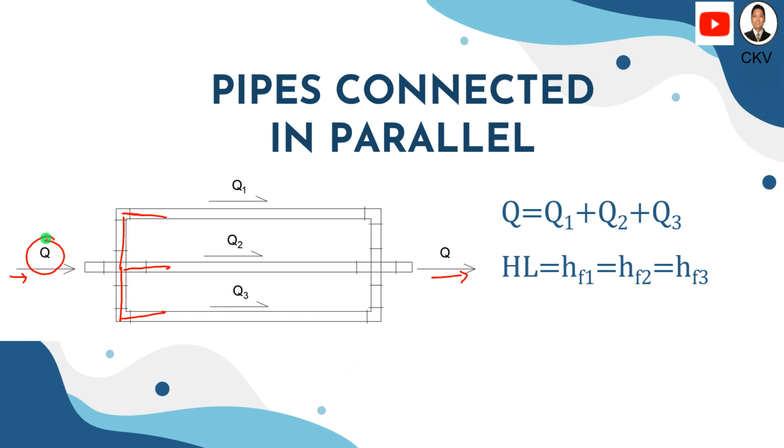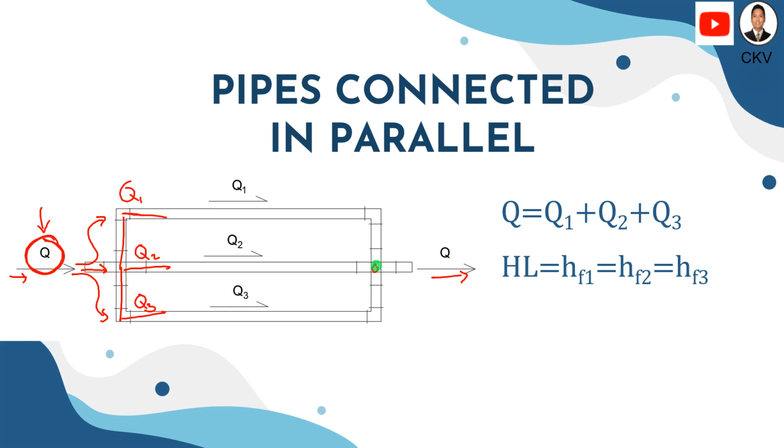So it means that this discharge Q is equal to the sum of the flow rates. The flow rate on each pipe is distributed from the inflow discharge. So this Q is distributed to Q1, Q2, and Q3, pipe 1, pipe 2, and pipe 3. So that's why discharge Q is equal to Q1 plus Q2 plus Q3.